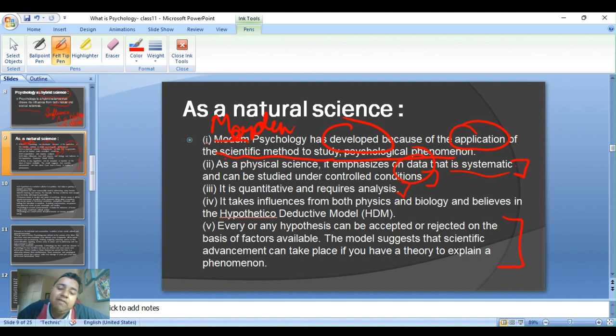The model suggests that scientific advancement can take place if you have a theory to explain a phenomenon. तो ये हाइपोथेटिकल डिडक्टिव मॉडल किसी भी हाइपोथेसिस को एक्सेप्ट या रिजेक्ट कर सकता है ऑन द बेसिस ऑफ फैक्टर्स, जो अवेलेबल होने चाहिए। If you have a theory to explain a phenomenon, then you can get a scientific advancement.